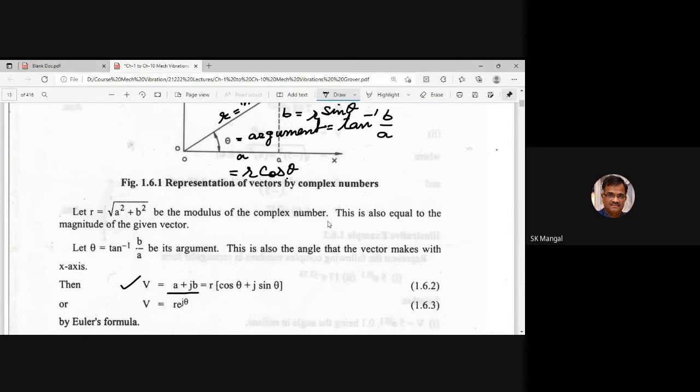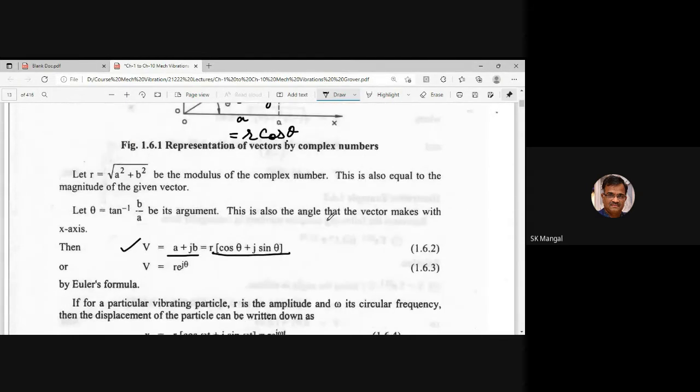So you can represent the same vector as r cos theta plus j r sin theta. And now you can write this in exponential form, nothing but r e to the j theta. It is known as the exponential form or Euler's formula.